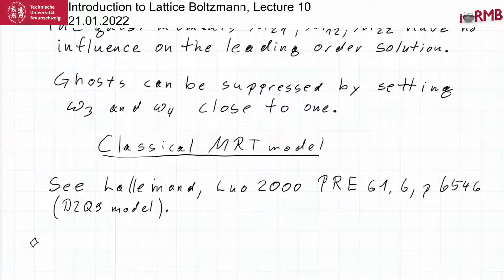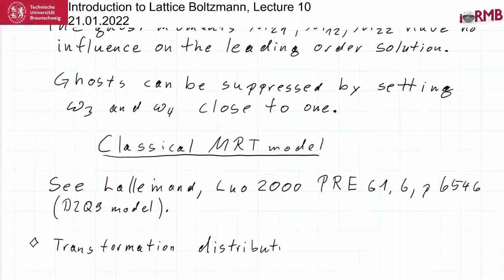So this method requires a transformation from distributions to moments. So by the way, why do we still need distributions? Why can't we just do everything with moments? Is anybody listening, and can anybody tell me why we still need distributions?